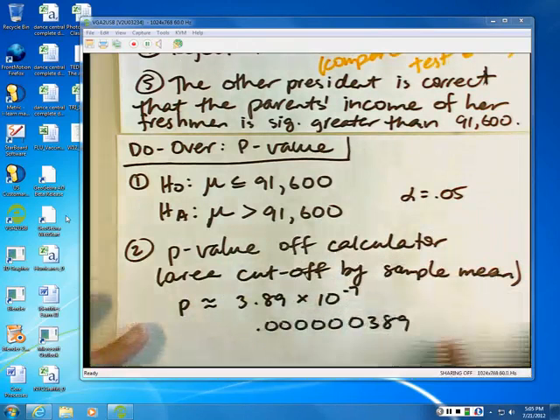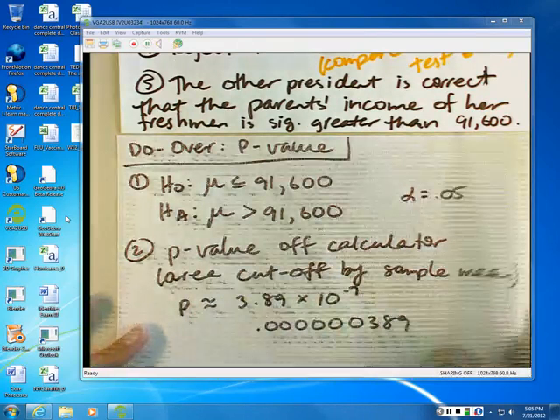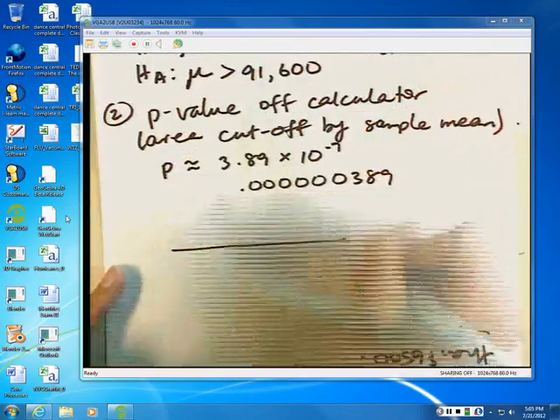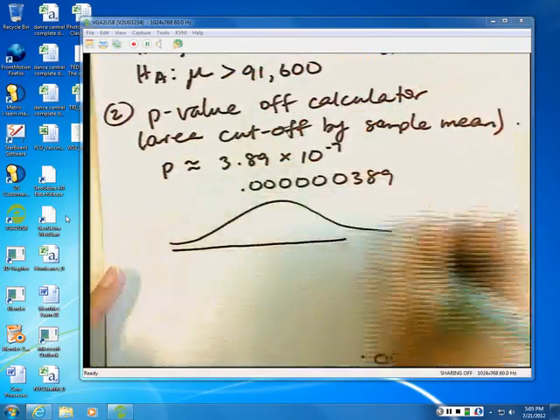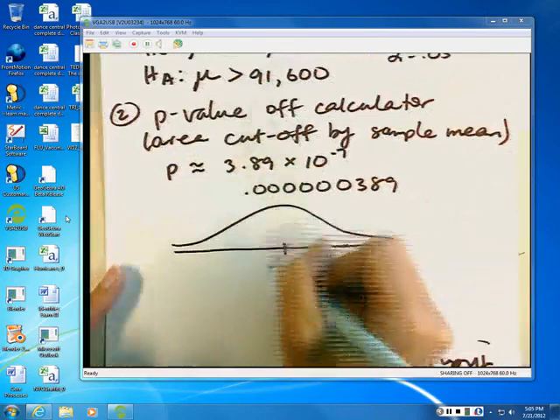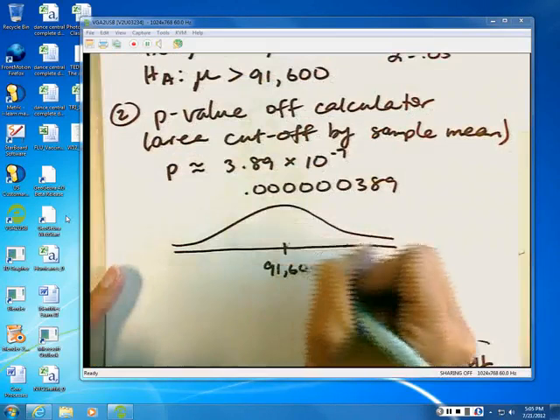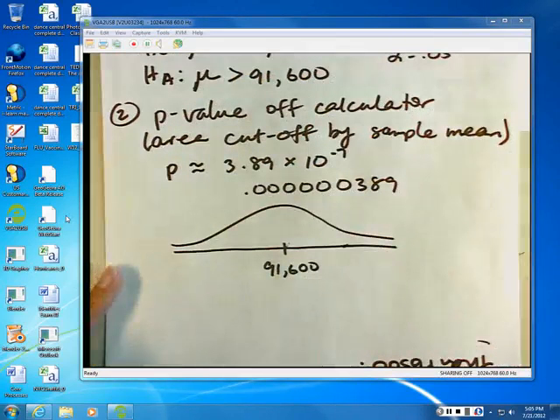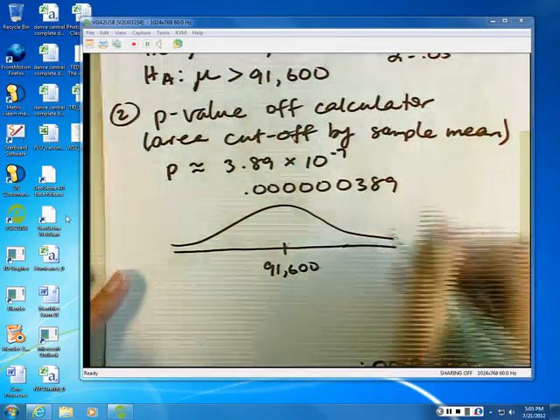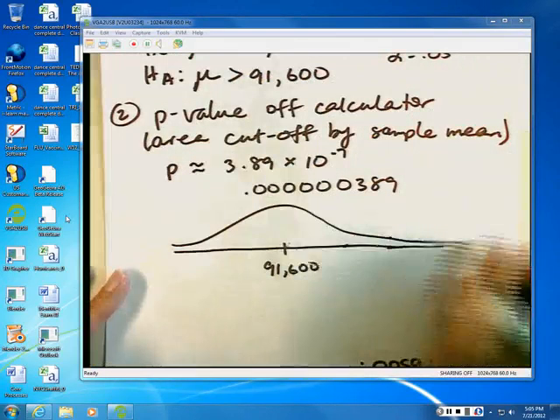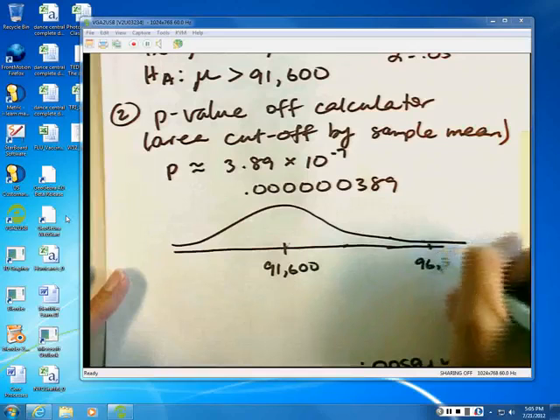Super small. That's my p-value. Okay, so I don't even use any z-scores. I have 91,600 here. My sample mean of 96,321, it's way over here.